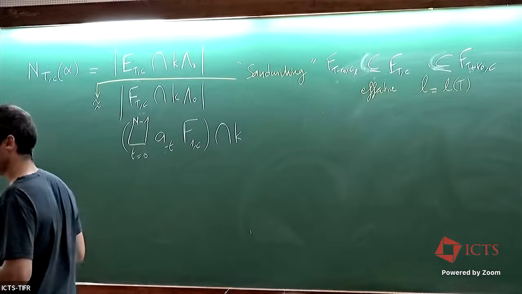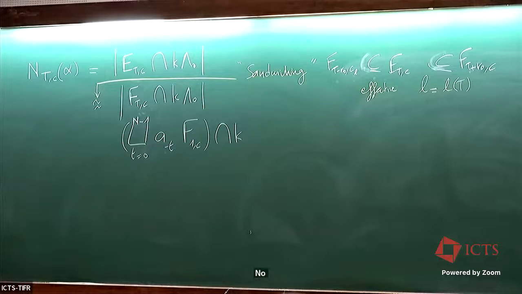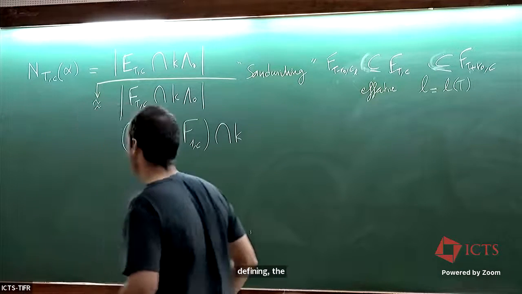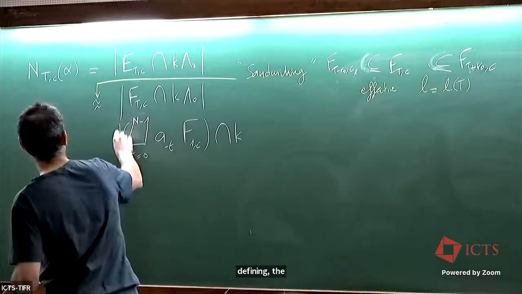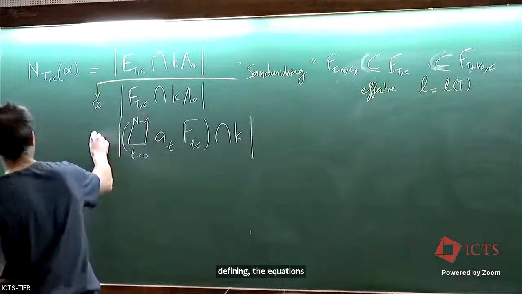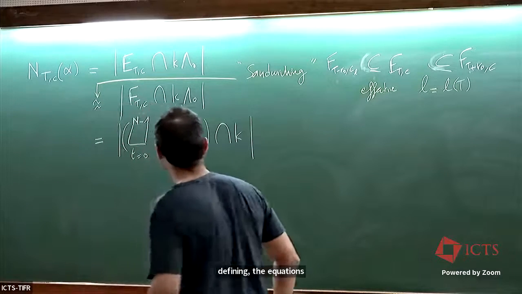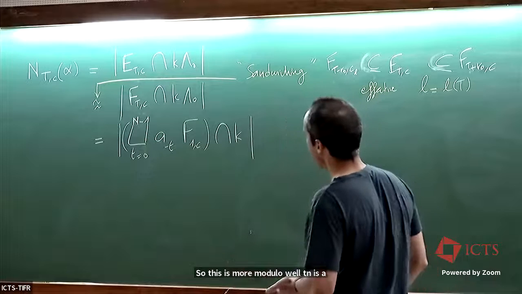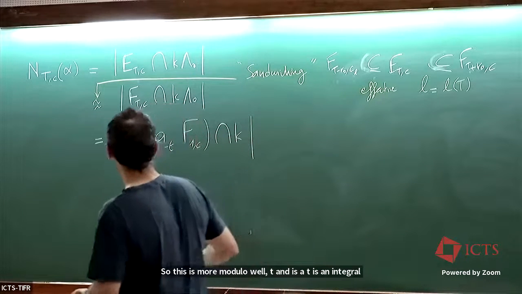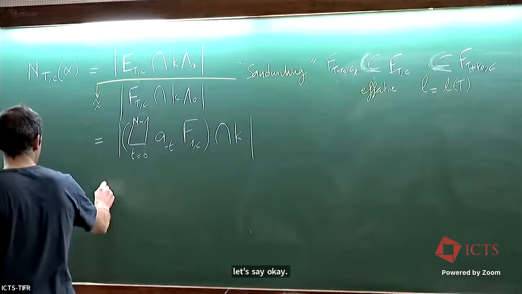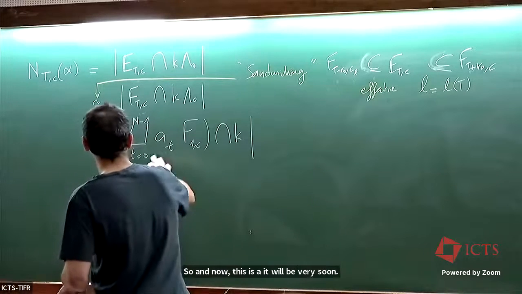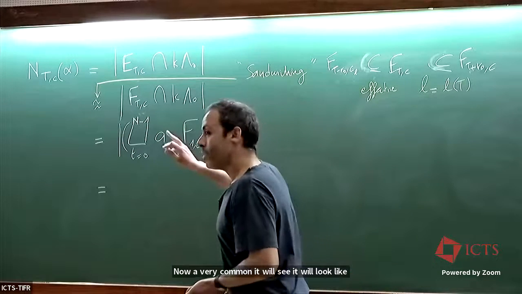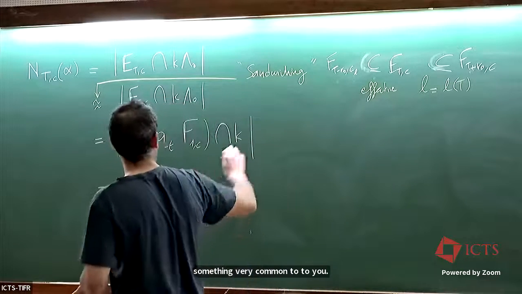So we need to change a little bit these defining equations. This is modulo, well, T is an integer, let's say. It will look like something very common to you very soon.